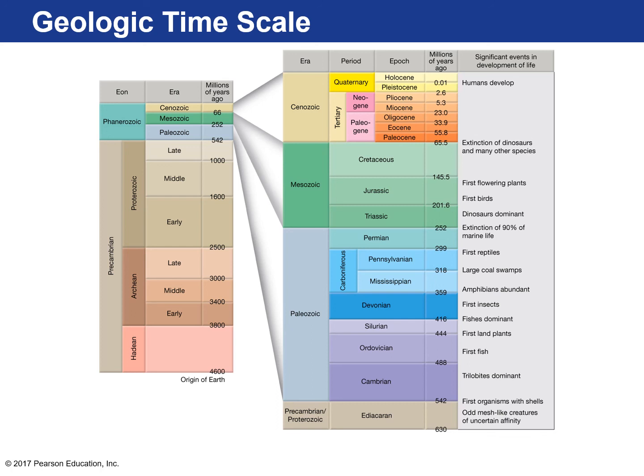Here's the entire geologic timescale from the origin of Earth 4.6 billion years ago to the first organisms with shells to show up in the fossil record 542 million years ago, right? So here's the entire geologic time scale to scale.